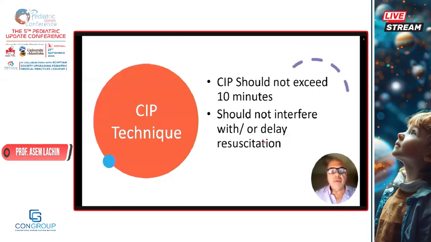How can we perform the crashed infant protocol quickly? It should not exceed 10 minutes for assessment, and it should not interfere with or delay the resuscitation process based on the NRP data and other resuscitation guidelines and protocols.